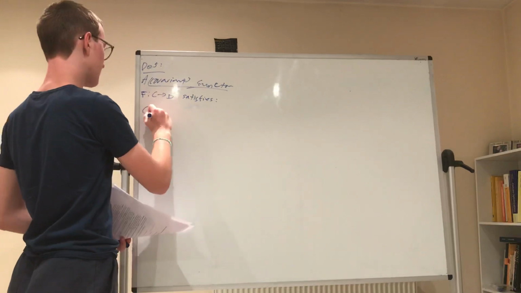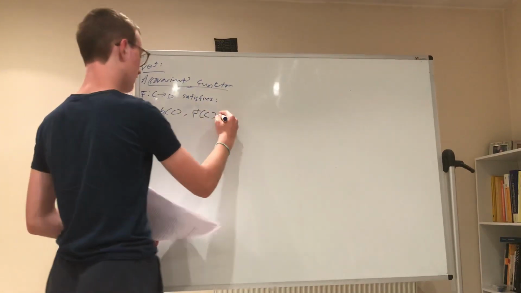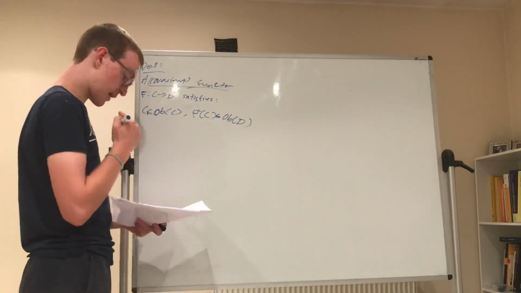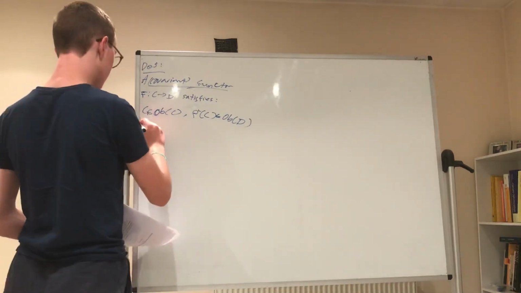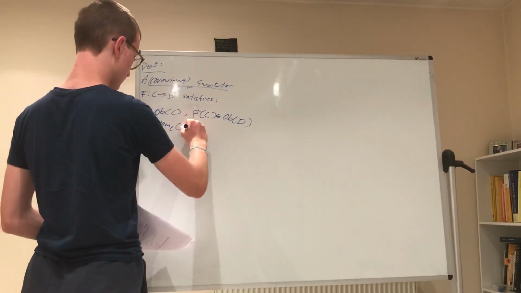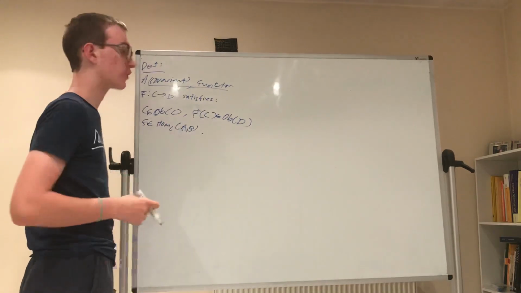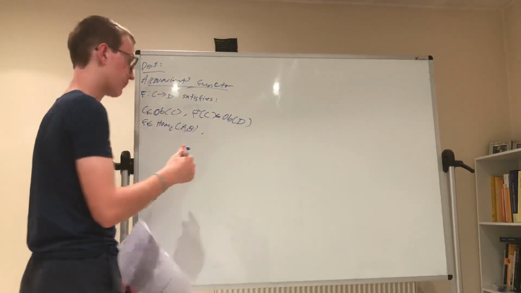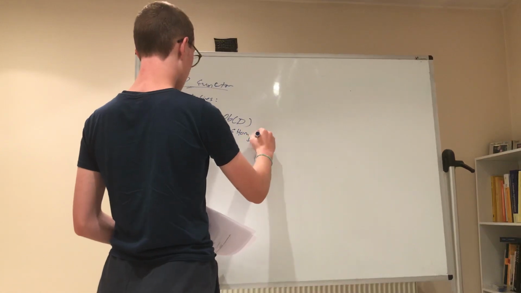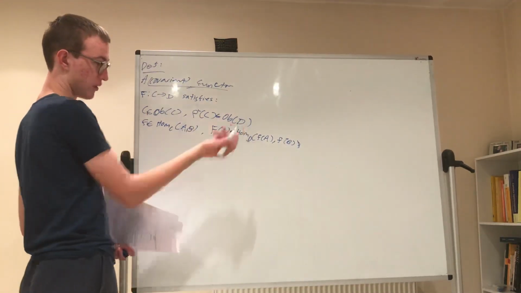For some objects C in the objects of the category, we have F of C is in the objects of D. Now, for any f in Hom_C(A,B), F of f is now not in C, but it's a morphism between two objects in D. So F of f is a map between F of A and F of B. And remember, F of C is just an element of the objects of D.